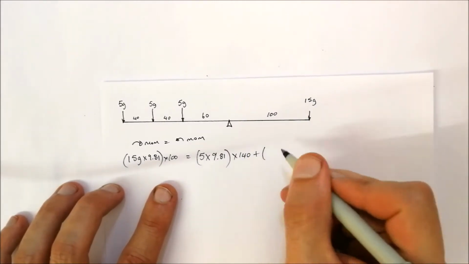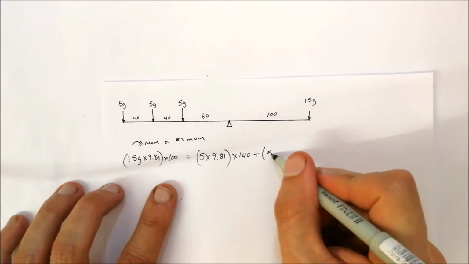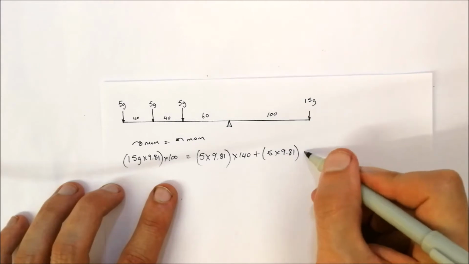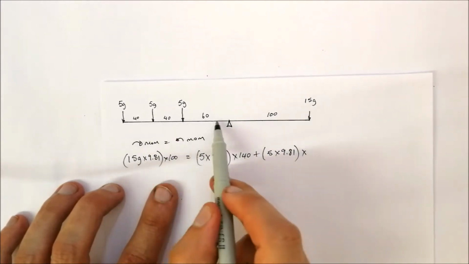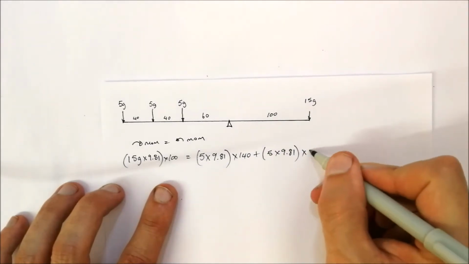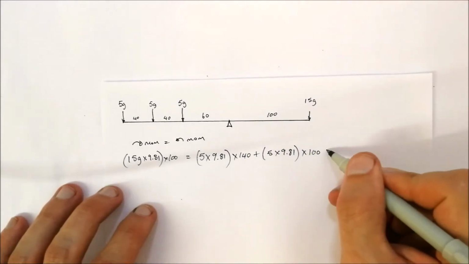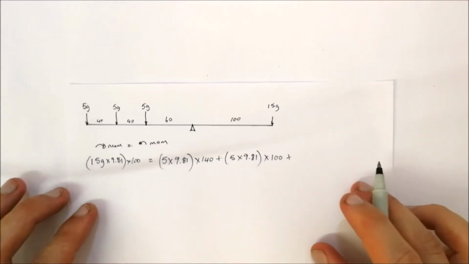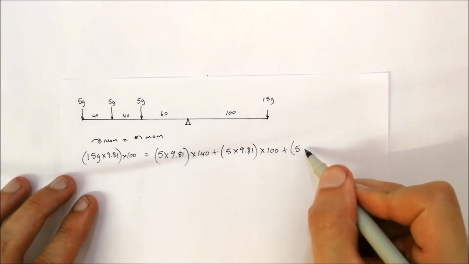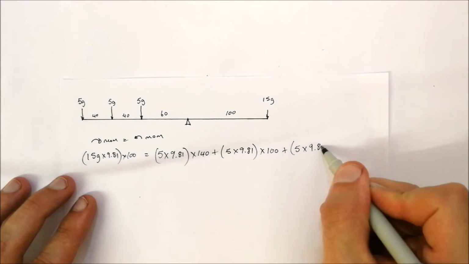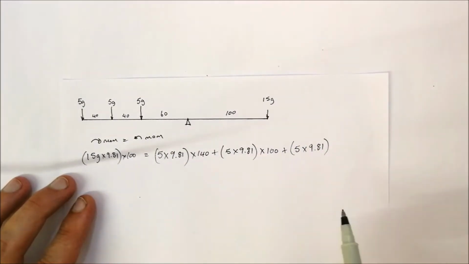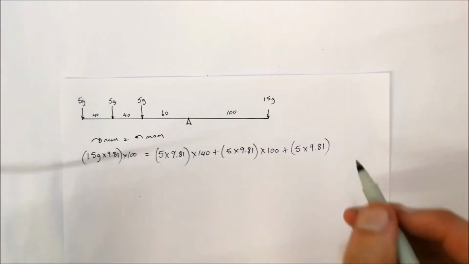Plus another 5 grams multiplied by 9.81, multiplied by the arm length over there, which is 60 plus 40, which is 100. Plus our next force, another 5 grams multiplied by 9.81, and the distance from there to the pivot point is 60 millimeters.